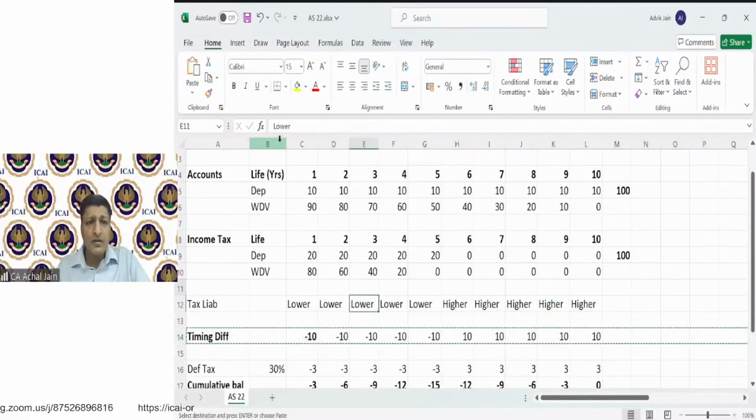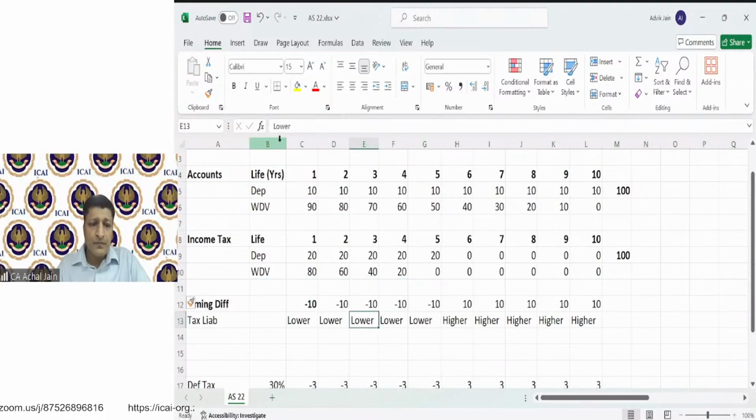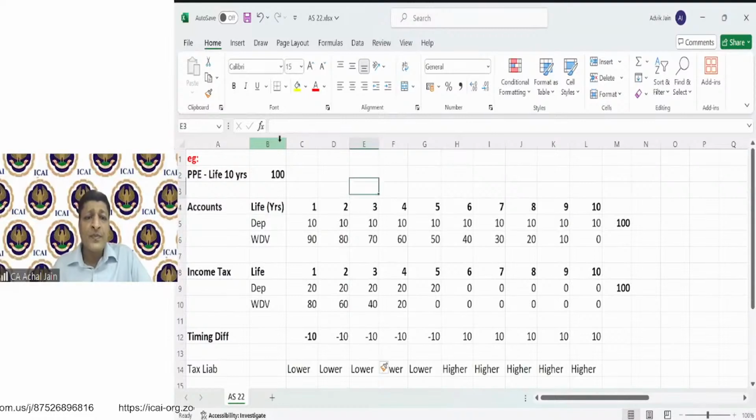Just give me a minute. So if we compute this difference, the difference I'm talking about is the difference between the depreciation as per books and the depreciation as per income tax.